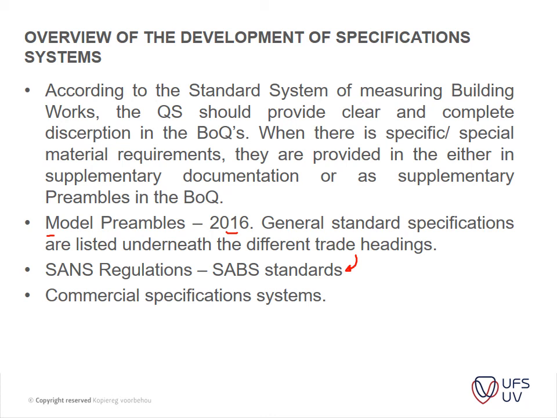Your SANS regulations are basically your most important specifications that you've got. For instance, how items are to be built, how excavation should be done, how long curing should take place, and so forth.